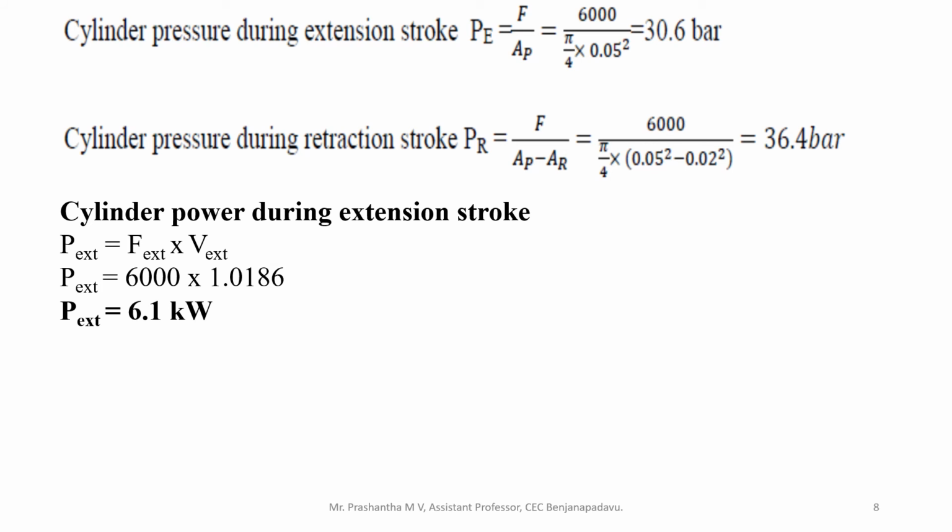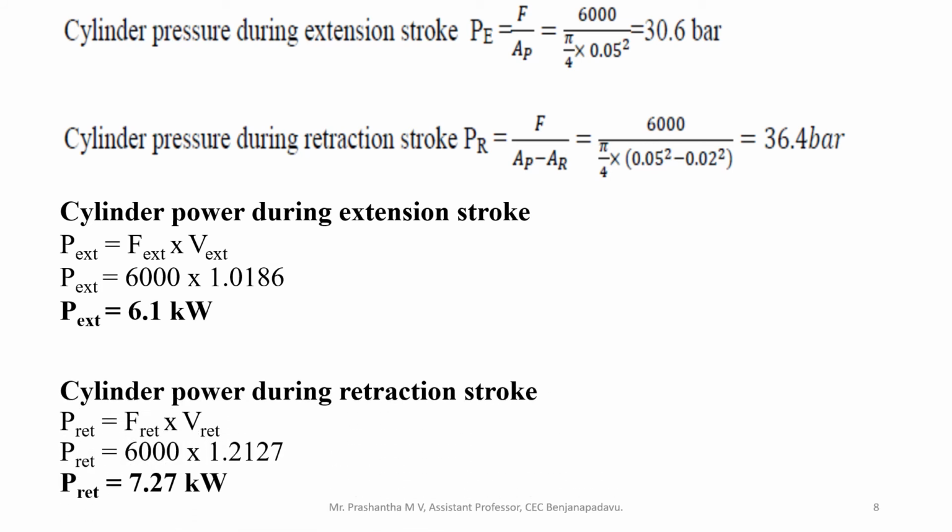After the decimal point there are some values, that is 1.0186. Simplify this, we will get 6.1 kilowatt. Cylinder power during extension stroke is 6.1 kilowatt.